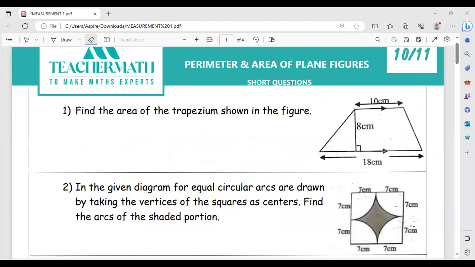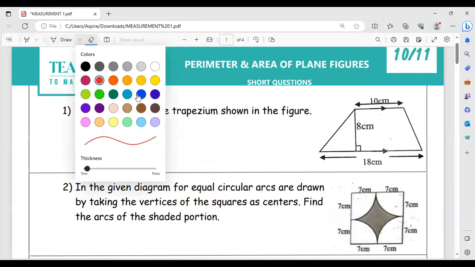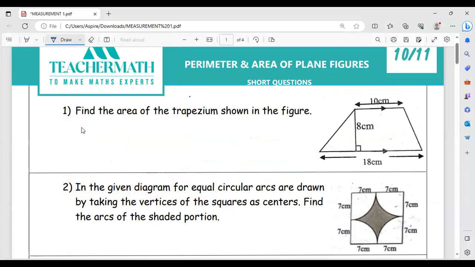Okay, if so, how do we find the area of this trapezium? The area of the trapezium can be obtained by, now no need to write the formula, you can just substitute the values. That means the sum of two parallel lines, 10 and 18, divided by 2 and multiplied by 8.